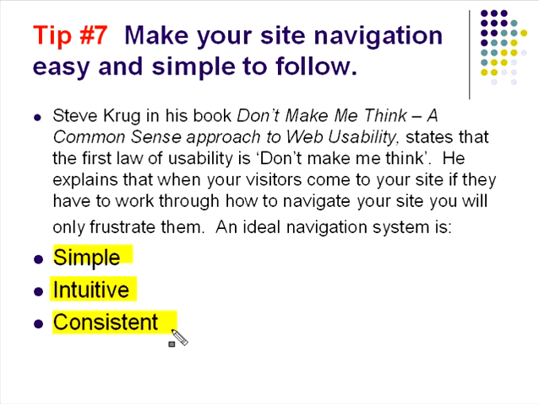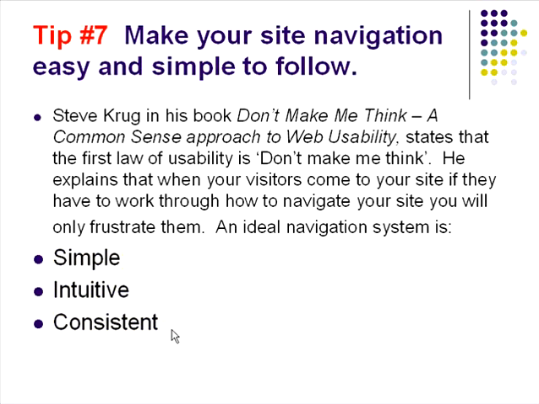So if you have your navigation buttons on the left hand side of your website going down in a straight column, then all of the pages on your website should have the navigation system in the same place. That is what we mean by consistent.